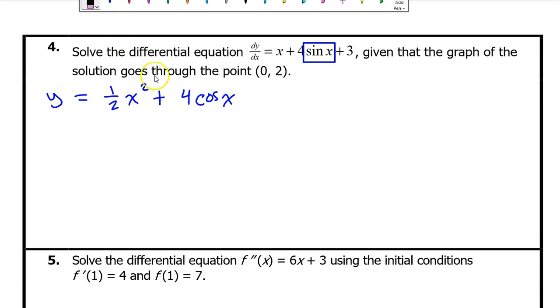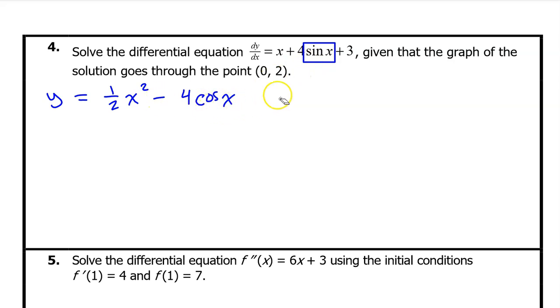Therefore, the derivative of negative cosine will equal sine. So, negative cosine is the antiderivative of sine. The antiderivative of 3 is just 3x. And don't forget the constant of integration. We can use the initial condition (0, 2) to find the value of c. If we plug in the input value of 0, it should equal the output value of 2.